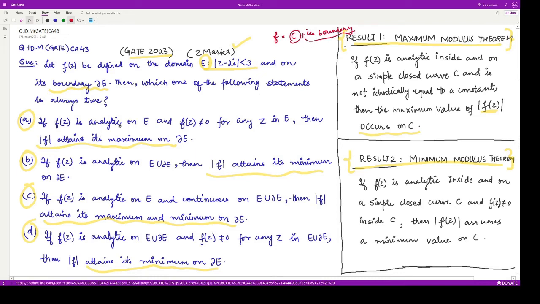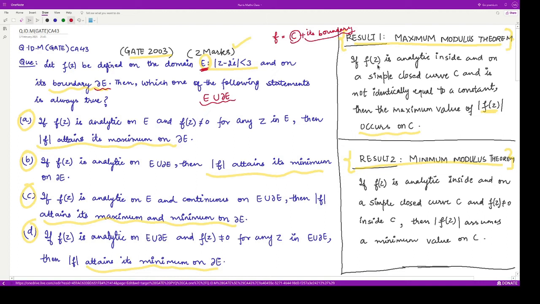For this question we have this curve as E and its boundary defined to be del E, so we have E union del E. This is the given portion.